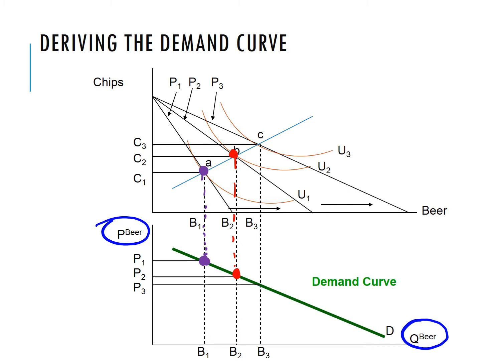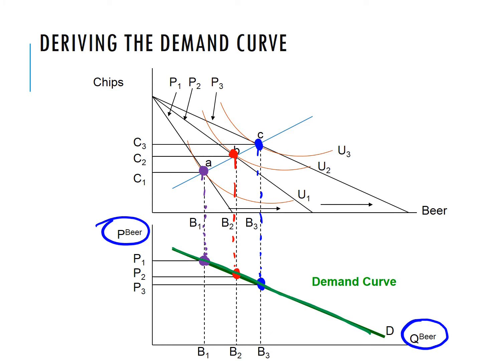And then finally, point C corresponds to this point on the demand curve at an even lower price. So every utility maximizing point gives us a point on the demand curve. And we join those points together, and that is our demand curve.